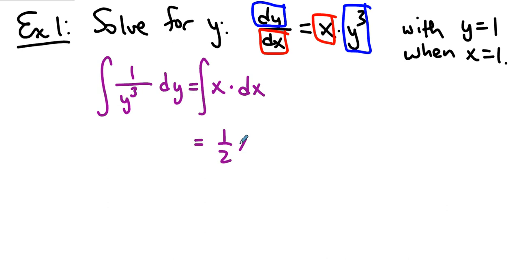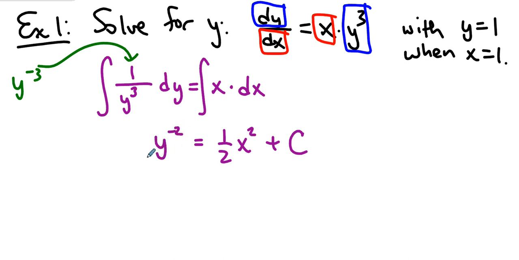The right side's a little easier, so we'll just kind of stall for time, and then we'll think about what this is. Well, this is y to the minus 3. Antiderivative of y to the minus 3 is y to the minus 2 over minus 2. Well, what does that mean?